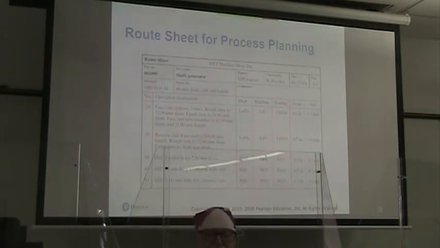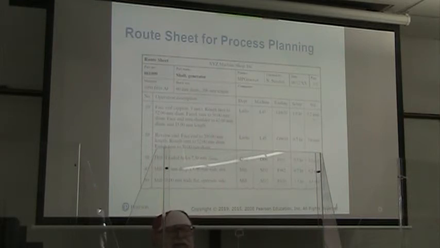It specifies the material the part is to be made out of, the stock size that we start with, and then we have the number of the operation, description, the department, the machine that it needs to be done on, the tooling needed, the setup time, and the standard time to produce the part.